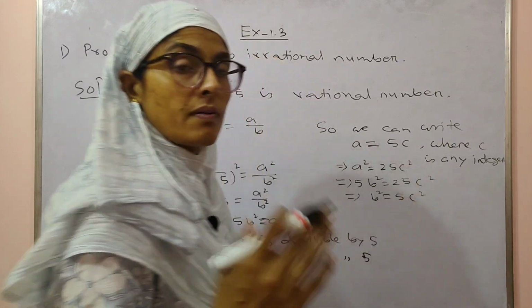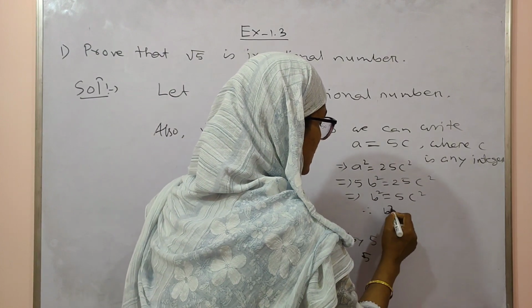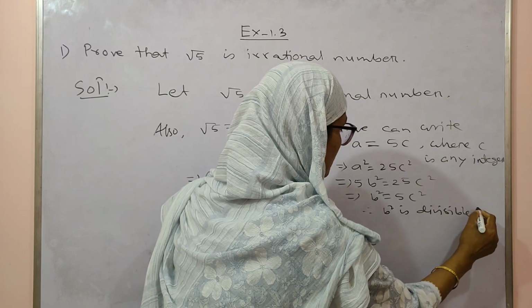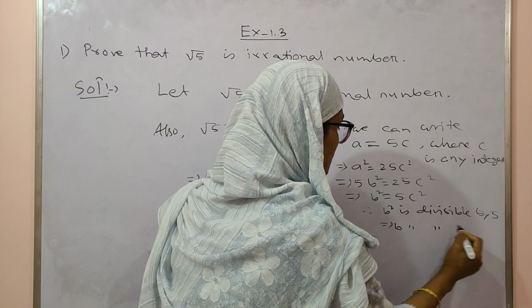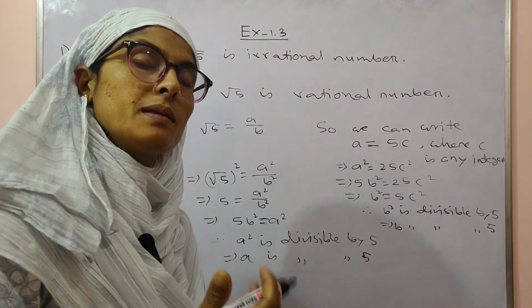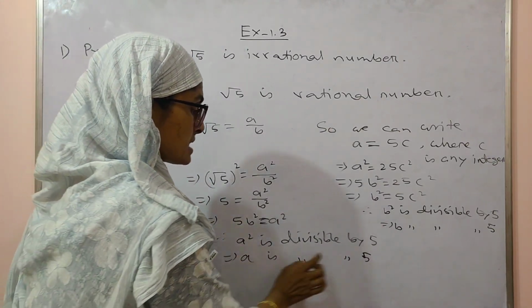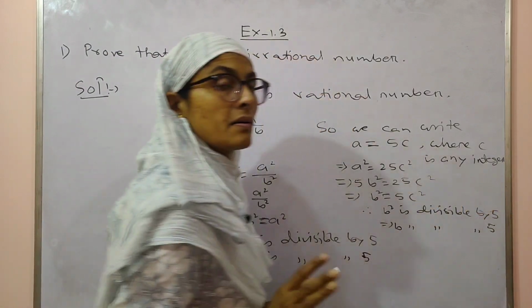Dividing by 5, therefore b square is divisible by 5, or b is divisible by 5. When b square is divisible by 5, then b is divisible by 5. Here a is divisible by 5 and b is divisible by 5.